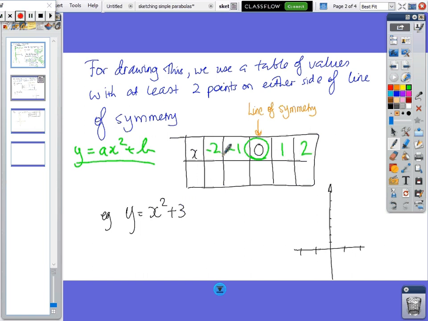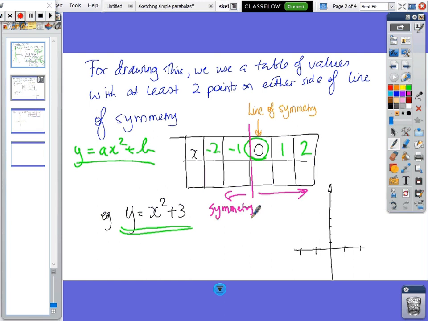The textbook could say x equals whatever, but for the time being our symmetry will be about 0. For this example, y equals x squared plus 3, it's now just a substitution exercise. But the trick is you only have to work out the values from this direction, and then we use the symmetry to go backwards.